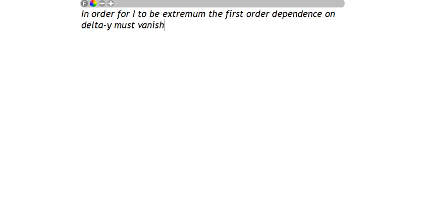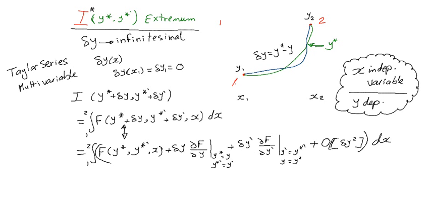What's the meaning? The meaning is that if we return back to the last slide, those terms partial f by partial y and partial f by partial y prime are first order terms in delta y, as we will see later. So in order for I to be an extremum, these first order terms must vanish.